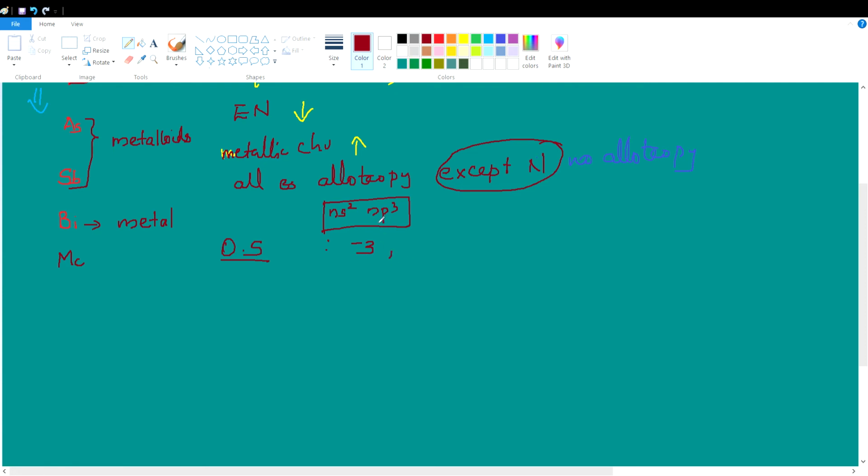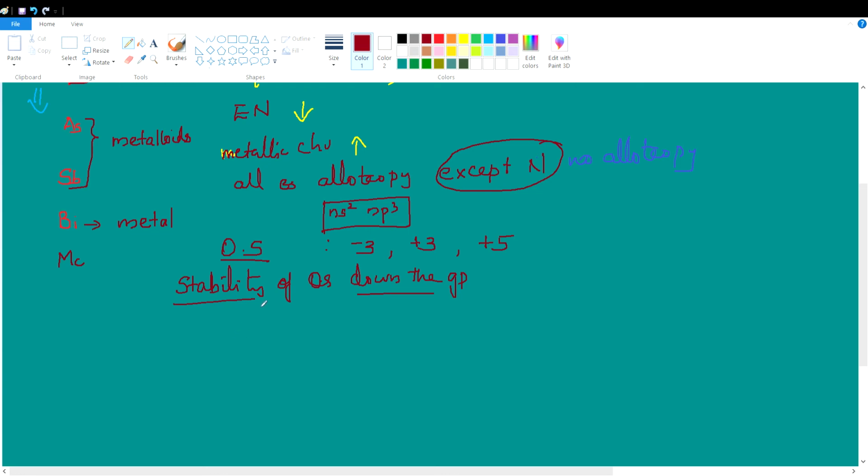If only the p electrons are removed during a reaction, its oxidation state will be +3. If all the 5 electrons are removed, that is the p electrons and the 2 s electrons, it shows oxidation state +5. Now let us compare the stability of these oxidation states down the group.